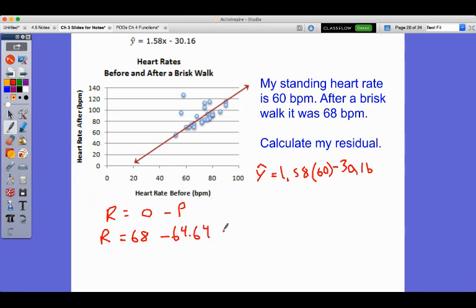And so my residual is 3.36 beats per minute. And what does it mean? How do I interpret that? Well, my observed heart rate was 3.36 beats per minute above the predicted, greater than the predicted heartbeat rate after a brisk walk, okay?